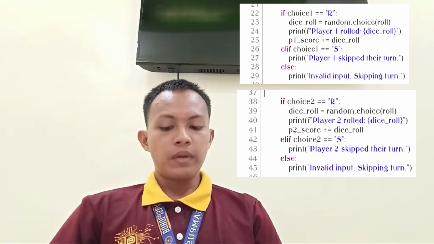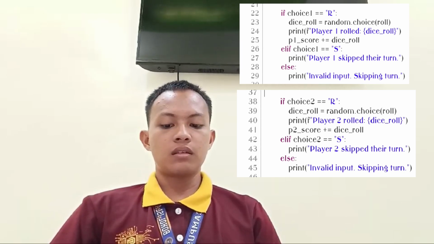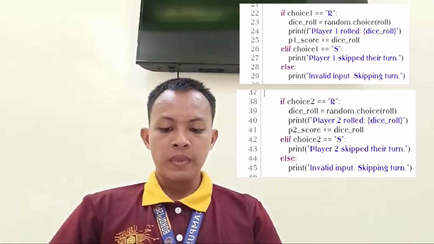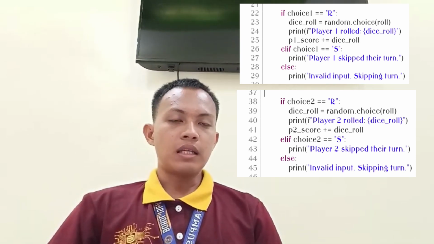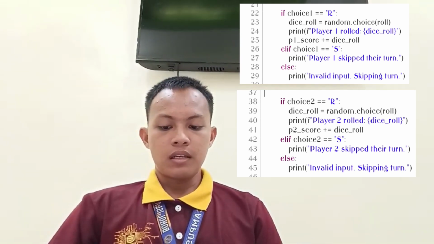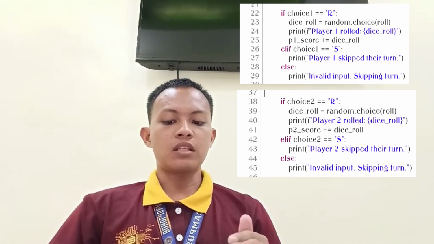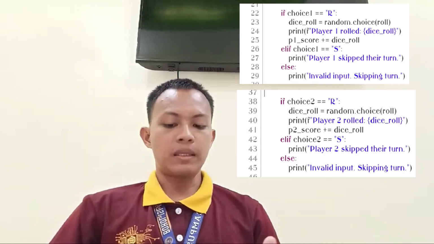If the player chooses to skip, indicated by S, a message is printed stating that the turn is skipped. If the input is invalid, like hahaha or anything else, an error message is displayed and the turn is also skipped.